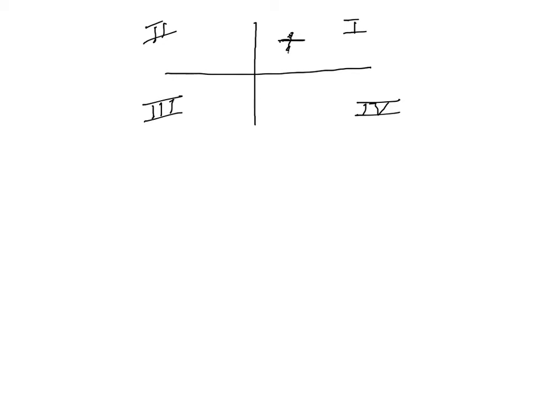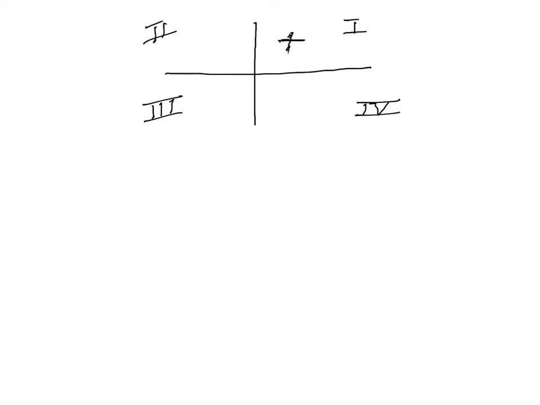In the second quadrant, however, sine and cosecant will remain positive because the y value is positive. However, the x value is negative. So the only ones that are positive here are sine and cosecant, and cosine, tangent, secant, and cotangent are all going to be negative.